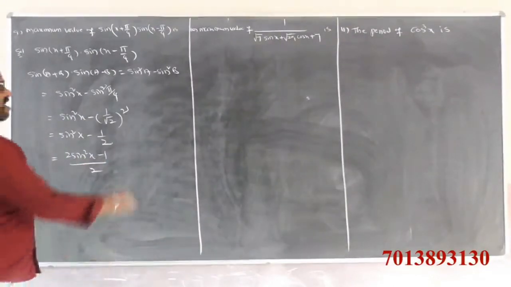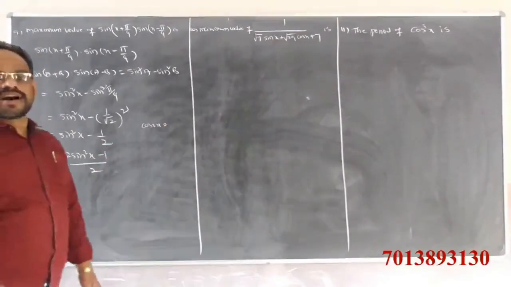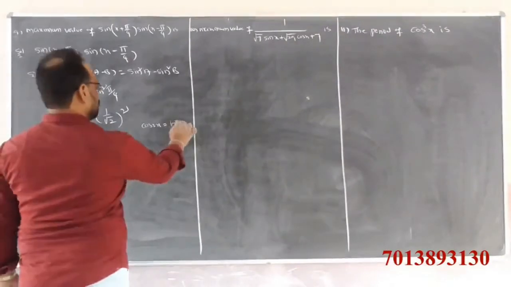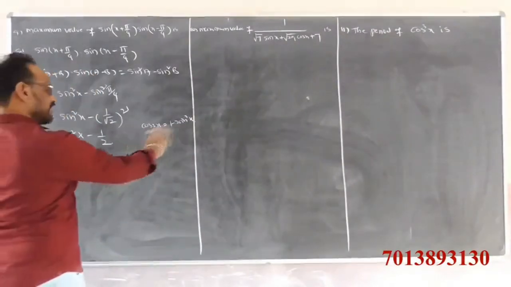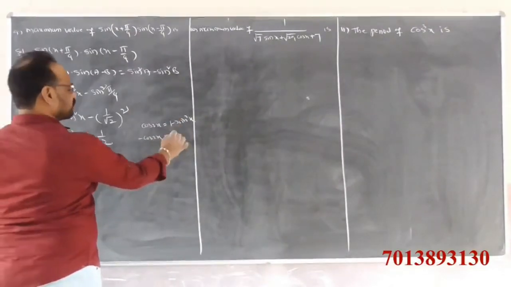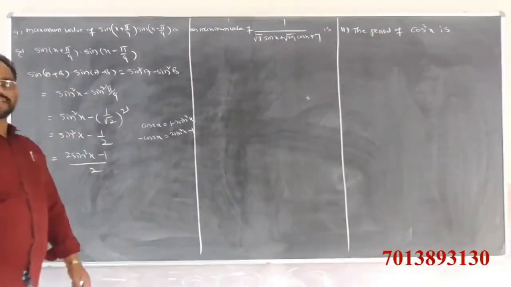Already we know that cos 2x in terms of sine is nothing but 1 minus 2 sine square x. If you multiply both sides by minus 1, we get minus cos 2x is equal to 2 sine square x minus 1.